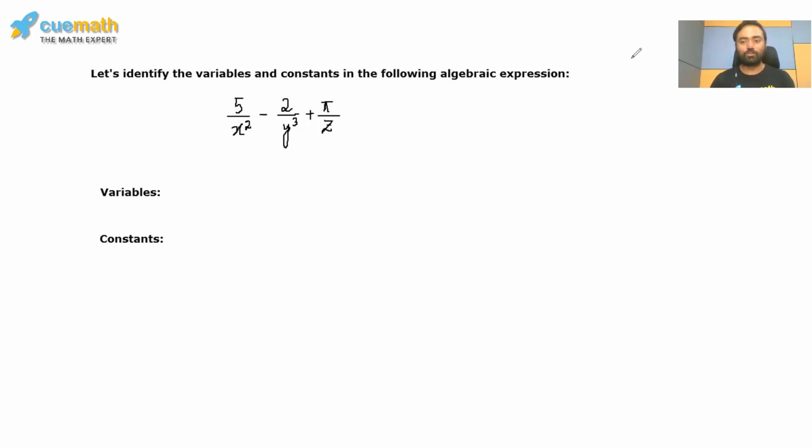So those three alphabets represent the variables in this algebraic expression, and they are x, y and z. And then we have three numbers in this algebraic expression, which are constants, and those numbers are 5, 2 and pi. So basically we just have to use the definition of variables and constants to get the answer in questions like these.